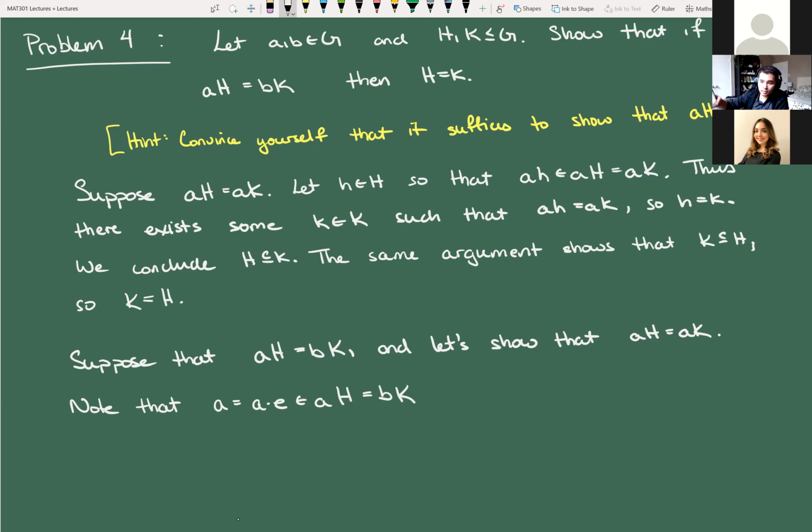So this means there exists some element k such that A is equal to Bk, right?